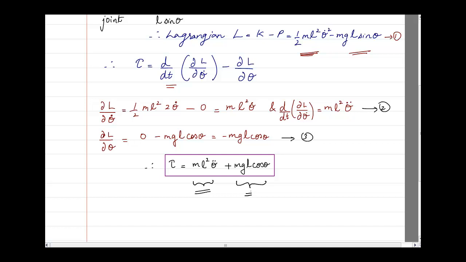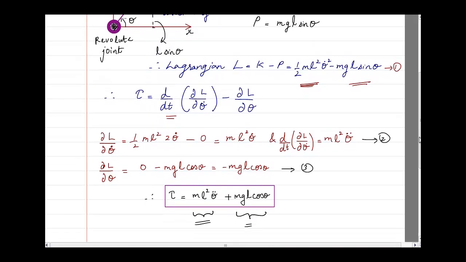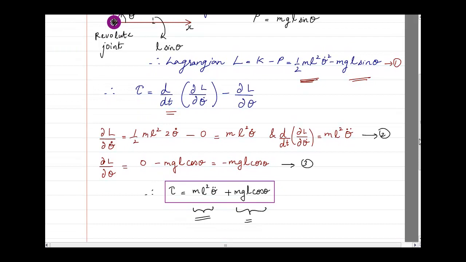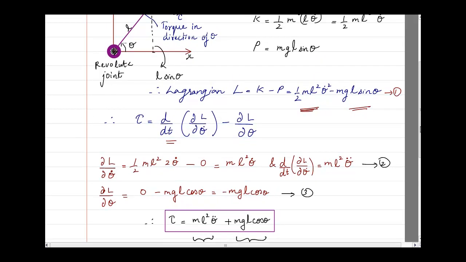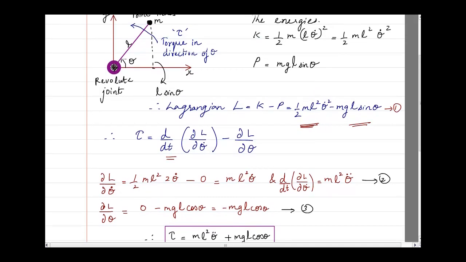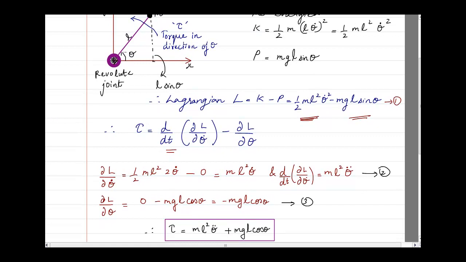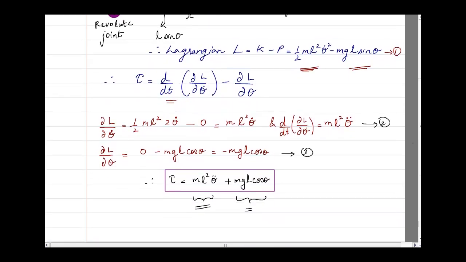So the motor that is attached to this particular revolute joint should have at least this much torque if it has to move the mass m at an angle of theta with this acceleration theta double dot.